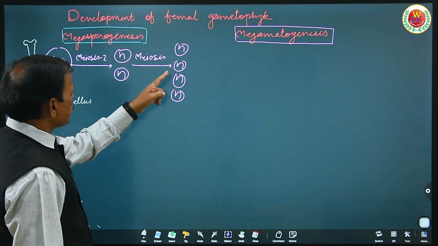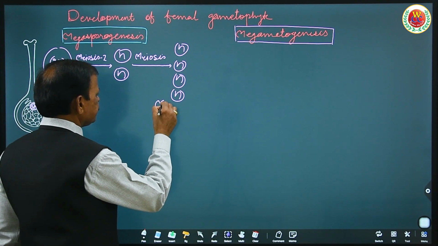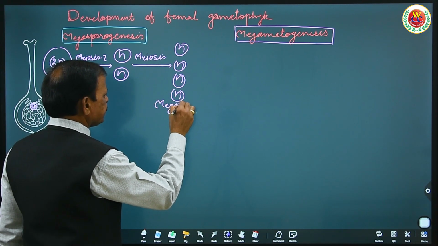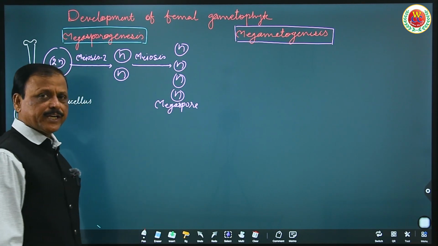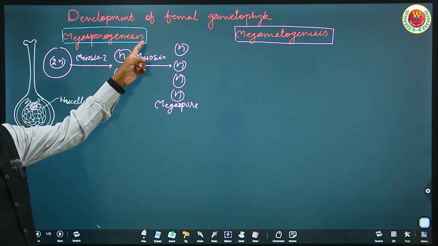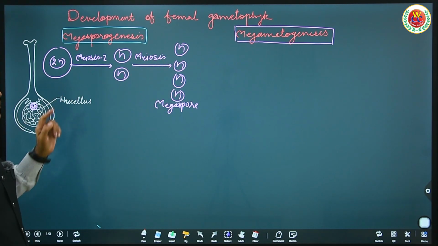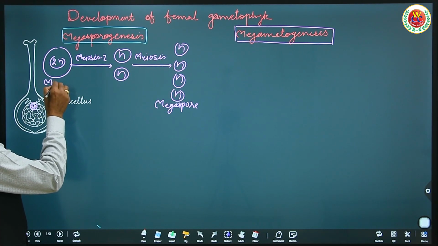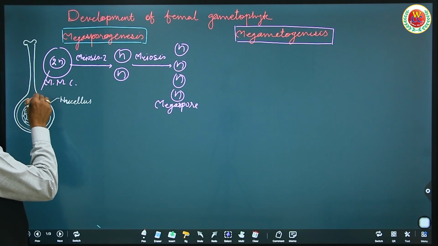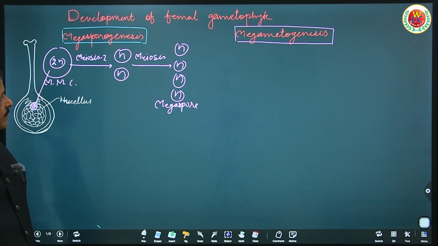This process of formation of megaspores from the megaspore mother cell is known as megasporogenesis. Process of formation of megaspore from megaspore mother cell that is present in nucellus.